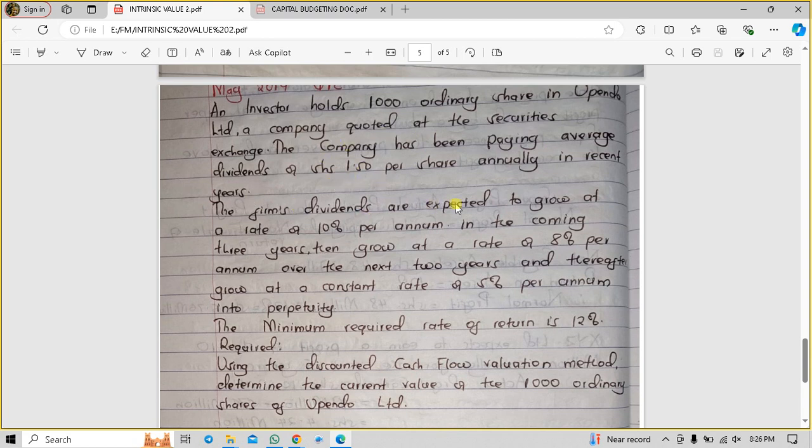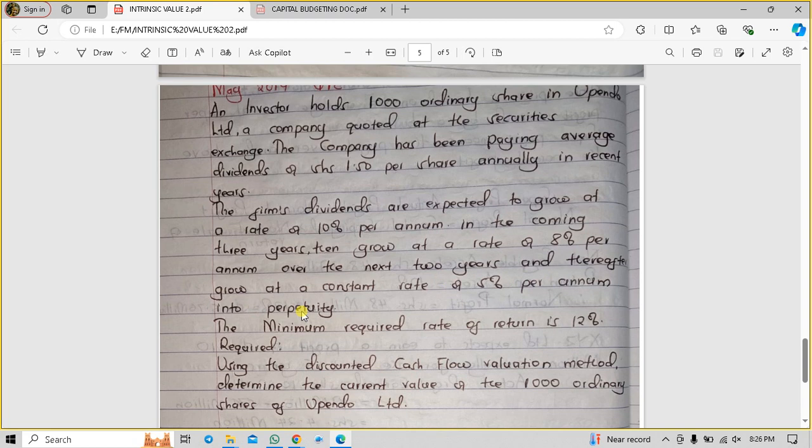The firm's dividends are expected to grow at the rate of 10% per annum in the coming 3 years, then grow at the rate of 8% per annum over the next 2 years, and thereafter grow at a constant rate of 5% per annum into perpetuity.